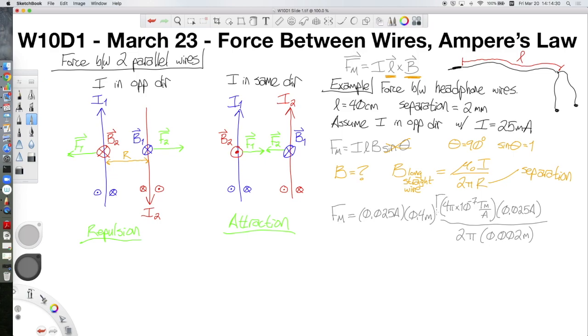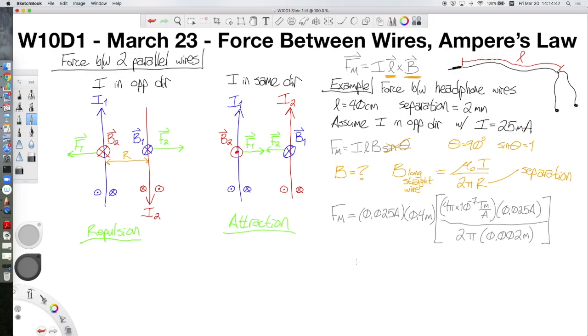Over here in this term in brackets, this is all just the magnetic field. So you can see the Teslas will be left behind and the meters and amps will cancel. And then we'll be left with a Tesla meter times an amp, which is equivalent to a Newton for our force.